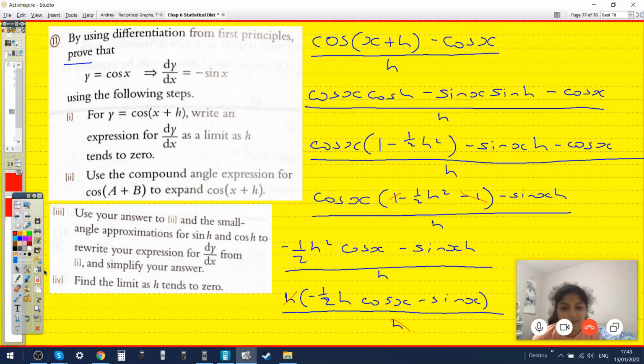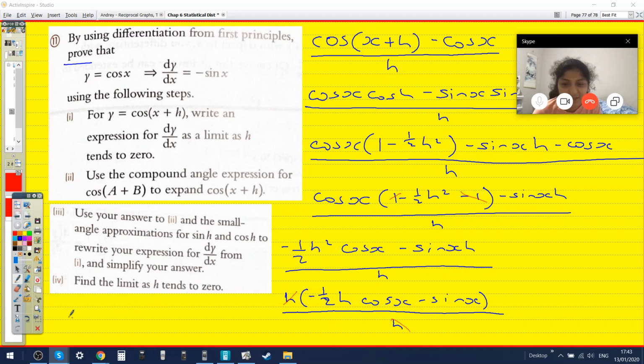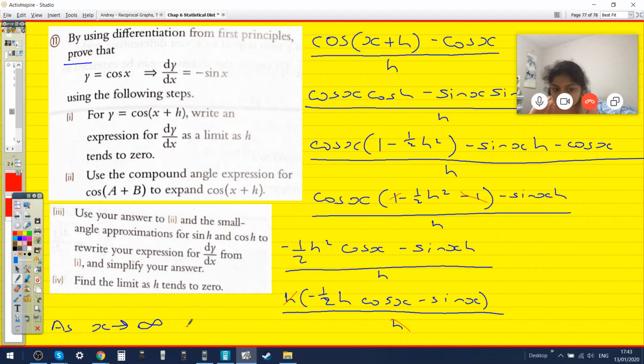So you're left with minus half h cos x minus sine x, and as h tends towards 0, that whole first part is equal to 0. So dy by dx is equal to minus sine x. Basically just do it by first principles, and they just helped you a bit.